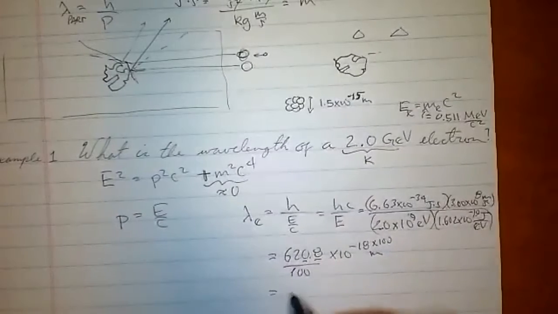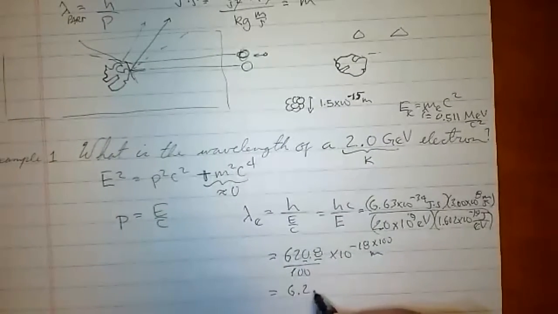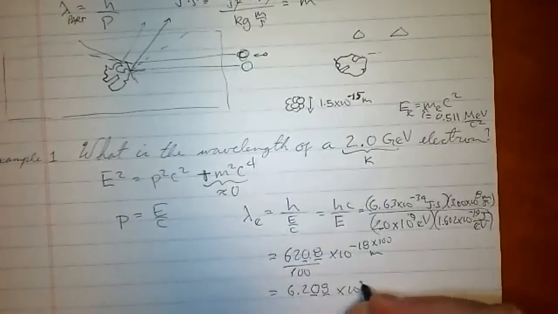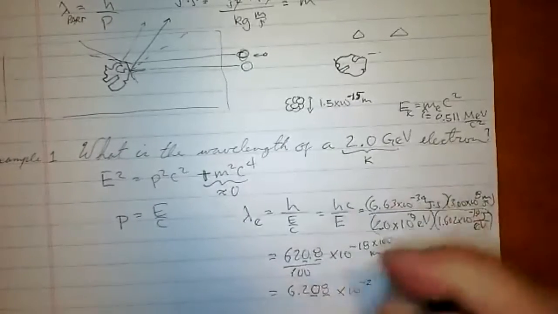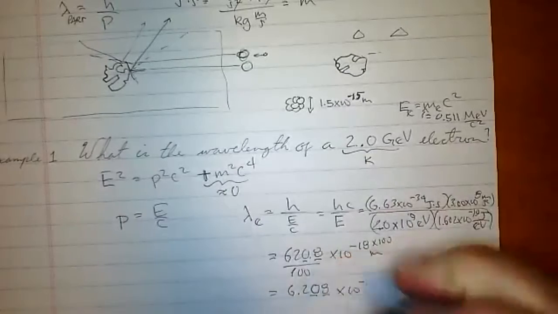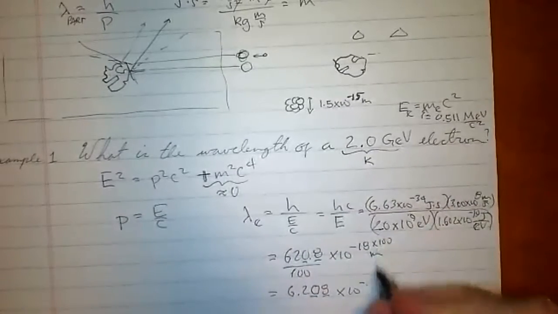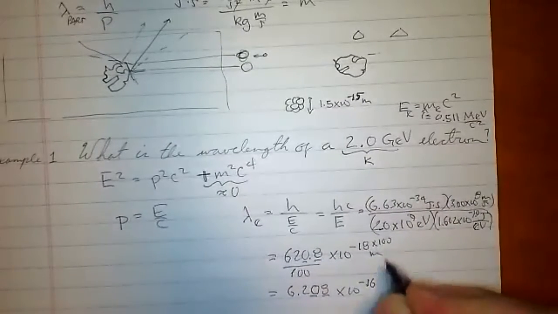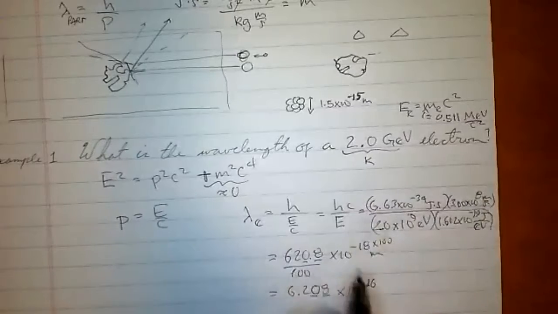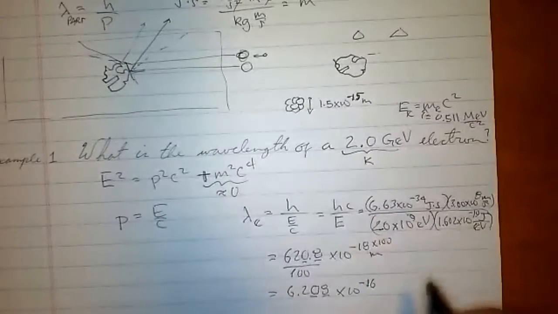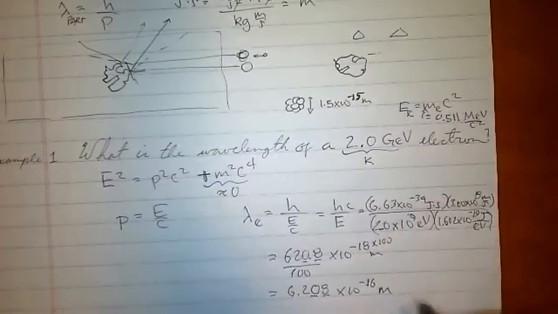And in so doing, I'll get 6.208, again carrying two extra sig figs, times 10 to the negative 16th, because 10 to the 2 times 10 to the negative 18th is 10 to the negative 16th. So that should be 10 to the negative 16th meters.